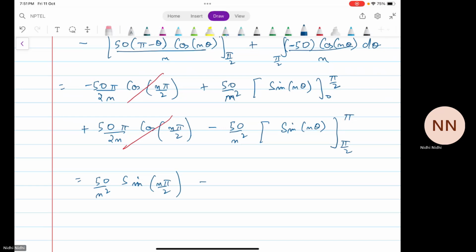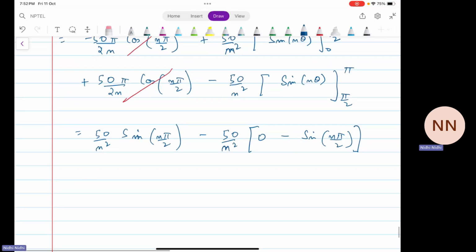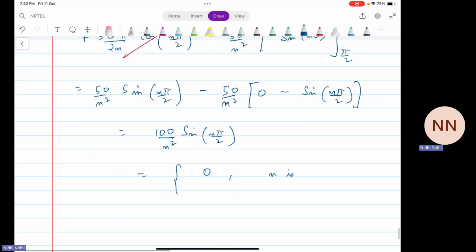Minus, again sine n pi is 0, so this is 0 minus sine n pi by 2. This is just 100 sine n pi by 2 by n square, which is 0 if n is even.